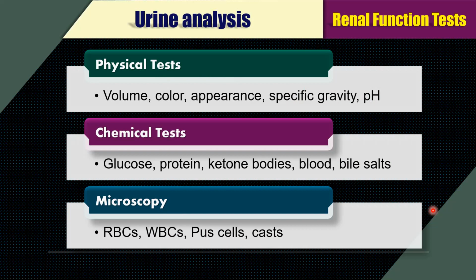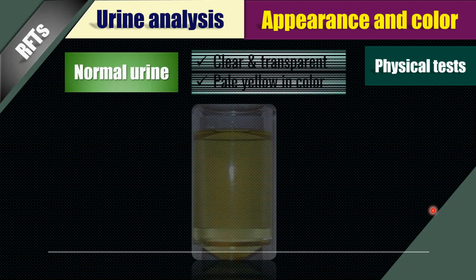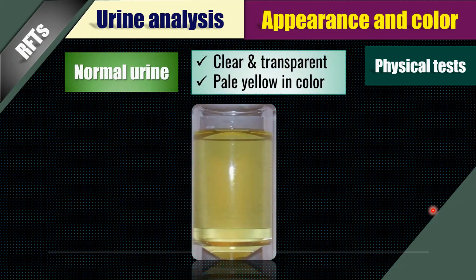We will study them one by one. Under physical examination of the urine, first and foremost we need to examine the urine appearance and color. Normal urine color is amber or pale yellow, and it should be clear and transparent.